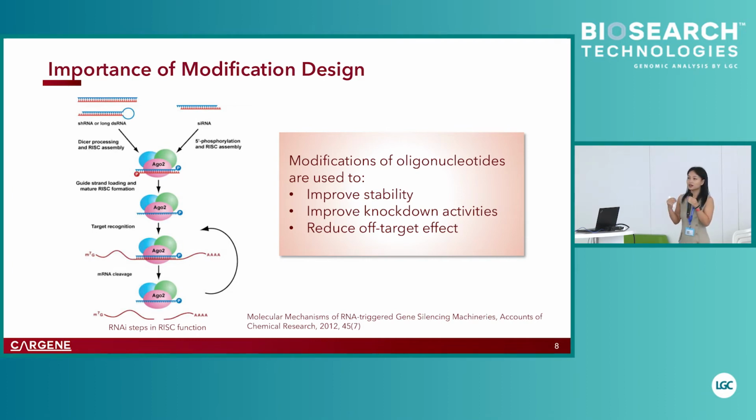So the whole process requires specific recognition of the targeted region, but at the same time avoiding any off-target effect. That means it's not recognizing another region on the mRNA. So this requires optimum modification, so that it's not binding too much to the mRNA, but at the same time is able to bind to the respective region and trigger the cleavage.